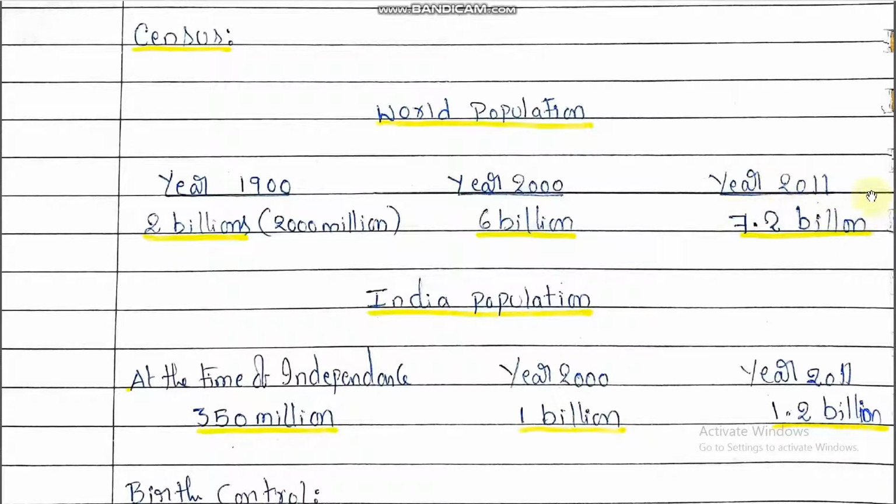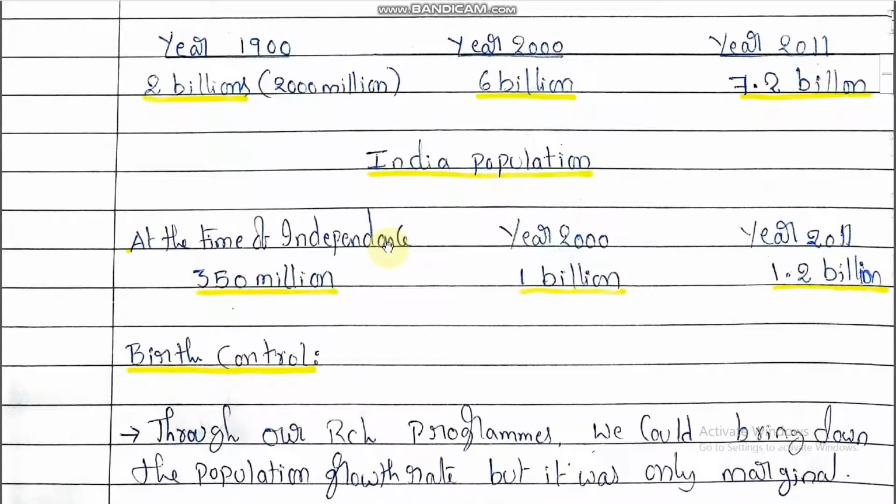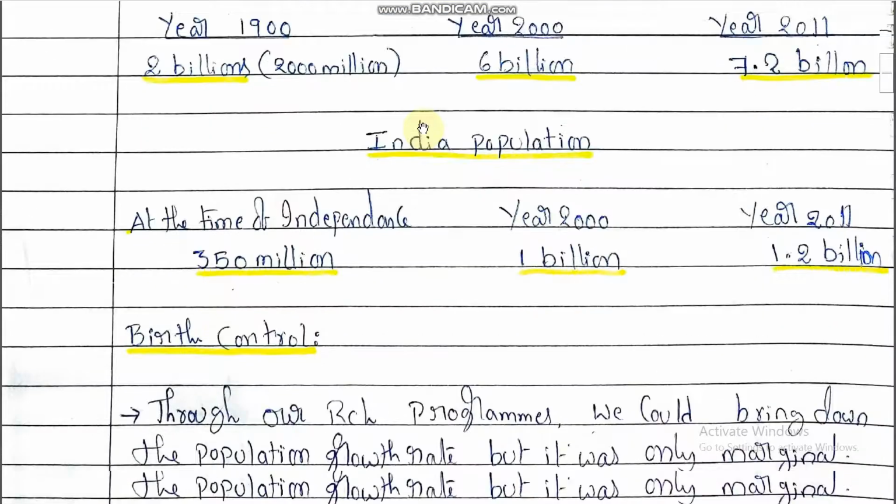In the year 2011, 7.2 billion. Now the world population is approximately 7.2 to 7.3 billion. So the population hugely exploded. You can observe that from 1900 to 2000 alone there was huge growth of population, 4 billion added. This is the world population.